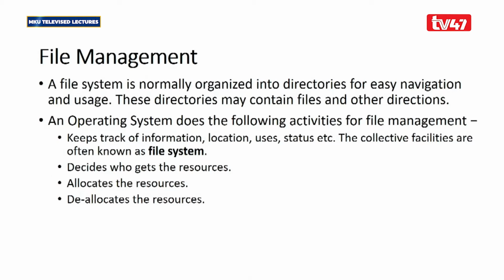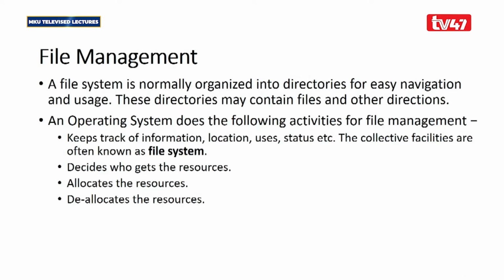One is it keeps track of information, location, uses, and status, among other things, of all the file system that you have. How many directories do we have? What folders are in those directories? It is the job of the OS to organize them, and it organizes them in a tree-like manner, so that a directory that is inside another directory will appear in a tree-like manner from that branch.